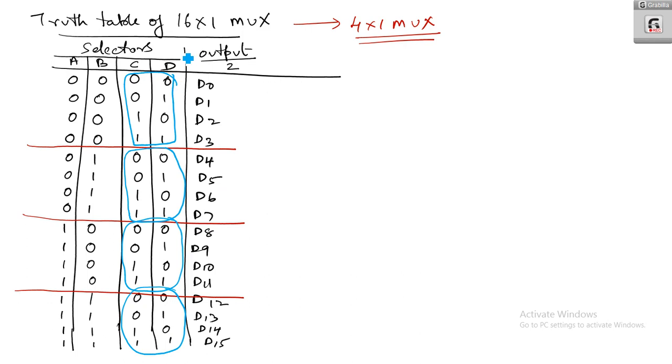So you can see that the same order is repeated in CD. Now, what happens to AB? If you take the division of 4 for each, you cannot see that directly. Now, how to realize this? That is the next question.